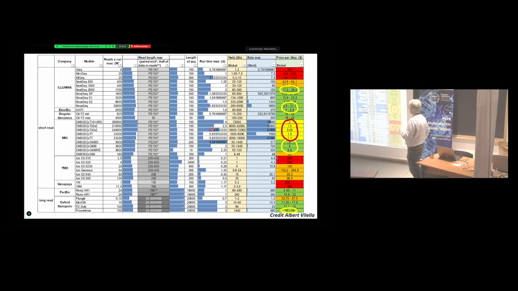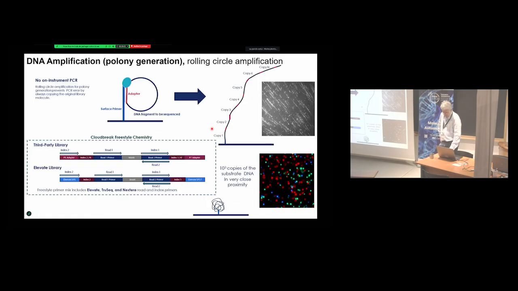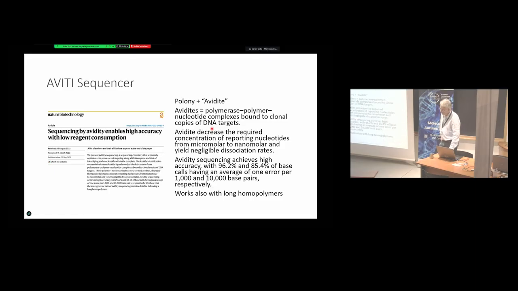If you compare, you can reach a similar level between the AVITI and the largest sequencer from Illumina, and that makes it particularly attractive. It is also attractive because in terms of sequencing quality, we will see that there is a level of quality that is probably better than with Illumina.